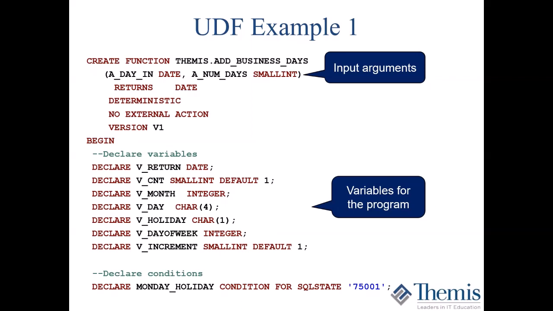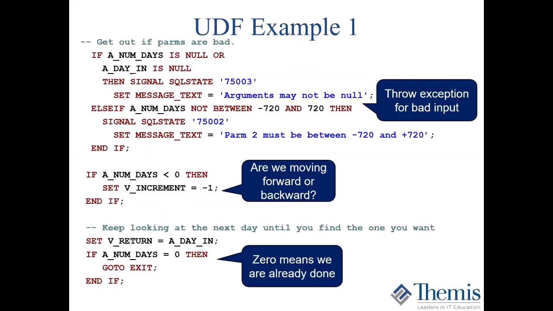So this is the add business days function. It takes in a date and a number of days you want to add and returns a date. At the top, I'm declaring a bunch of variables. This v return at the very top of the declarations is ultimately what gets sent back to the caller, so we define a variable to hold it. At the very bottom, I'm going to scroll forward a few screens here.